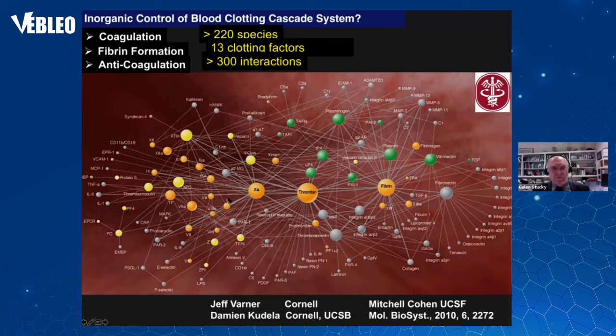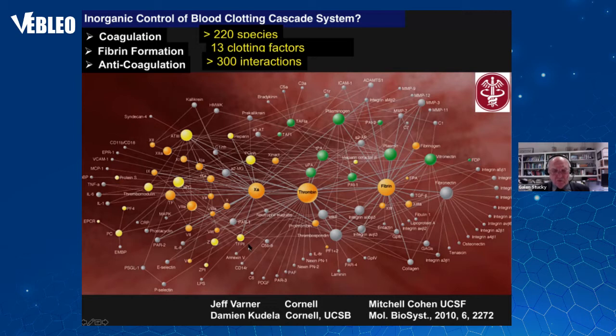So this is a picture of the blood clotting cascade system, and this was Damien Cudella, who was an undergraduate at Cornell and then came to work in my lab as a postgraduate student at UCSB. He worked with Jeff Varner on this blood clotting cascade system.